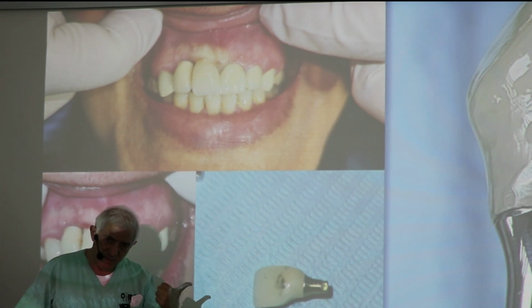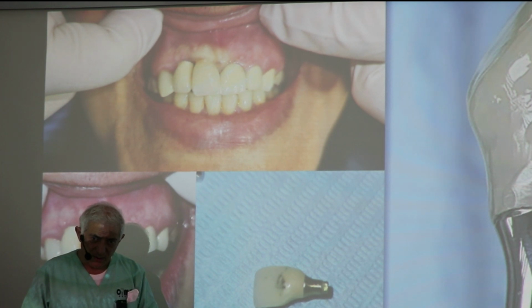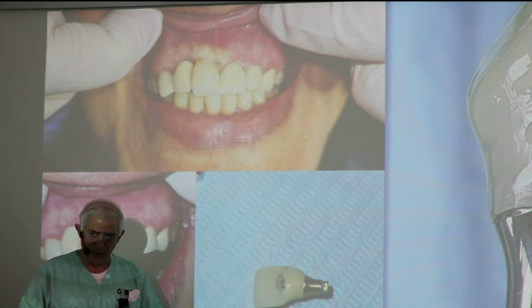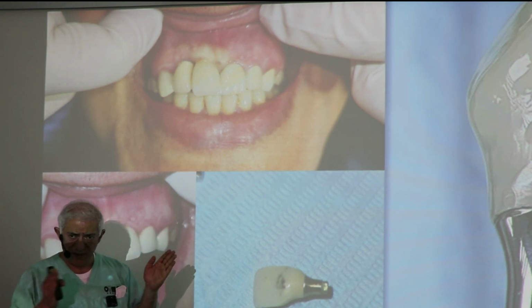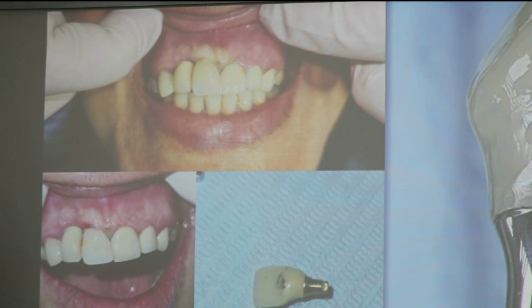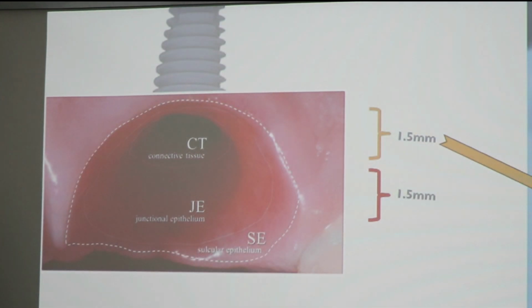Wherever it's concave, that means thicker soft tissue. Whether it's epithelium or connective tissue, hopefully if it's epithelium, it will be glazed, and if it's connective tissue, it will be unglazed. All right?